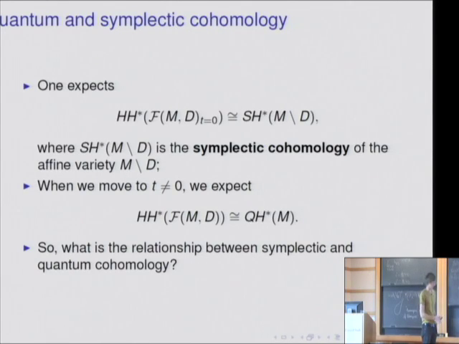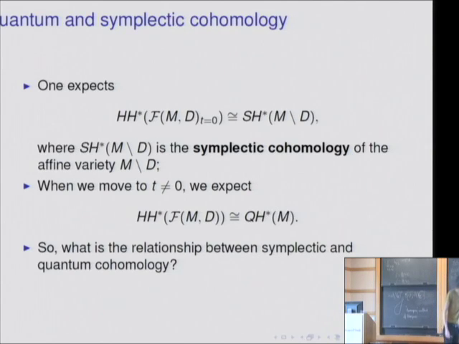So how can we break down this process of getting quantum cohomology out of the Fukaya category using this relative version? Well, if you set t equals 0 in this relative Fukaya category, the Hochschild cohomology is something called the symplectic cohomology, which Mark introduced in his talk. This is something that's independently studied for affine varieties.